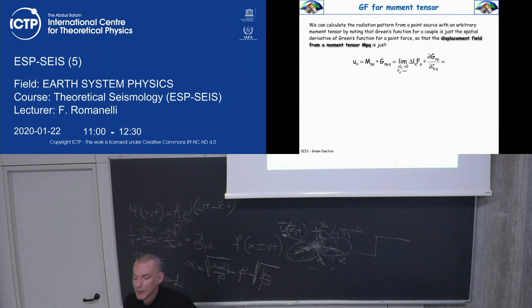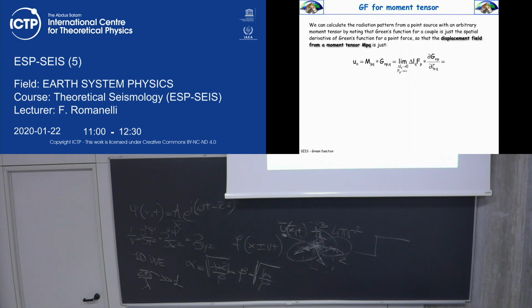What does it mean? Algebra. But I hope that the logic is clear. Now we found the G, now we have to take a spatial derivative, to take another G, to take another spatial derivative, and sum them, because we need a double couple. Is that clear, the logic?